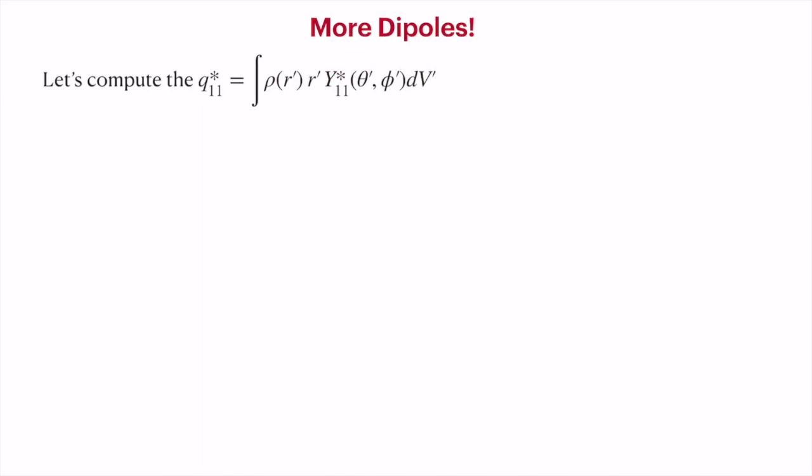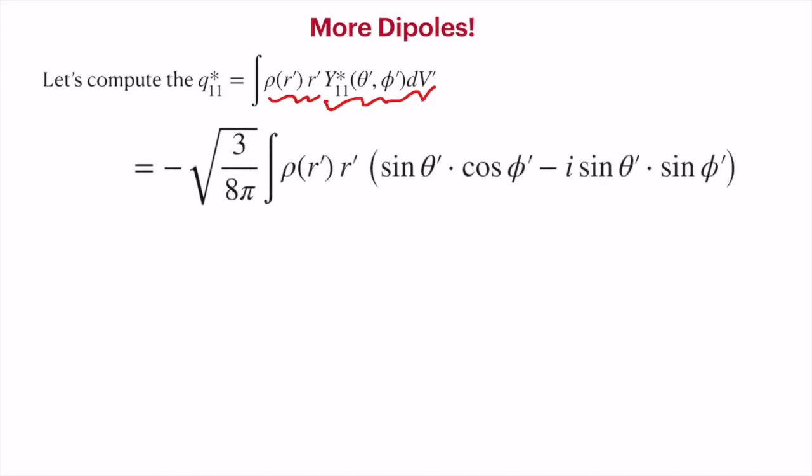Of course, let's go on with more dipoles. Let's compute the next one, that is Q_11 star. Again, these terms are the same because of the dipole moment, except that the basis function of Y_lm has changed. So now you see that they have a little bit more complicated expression, putting in the Y_11 spherical harmonics.